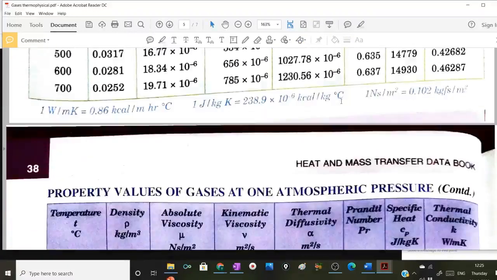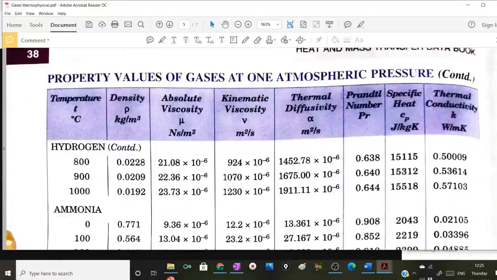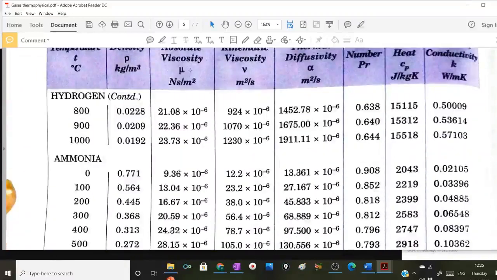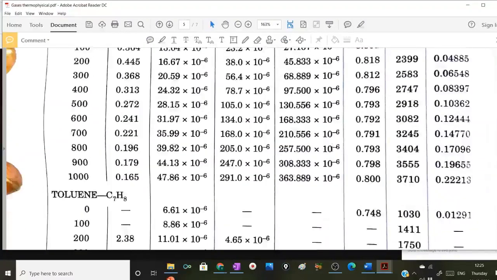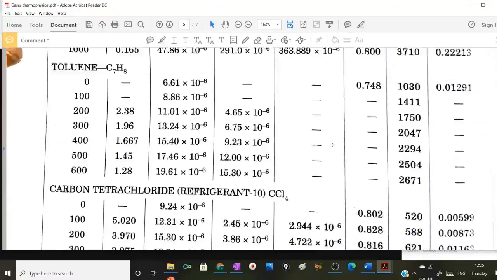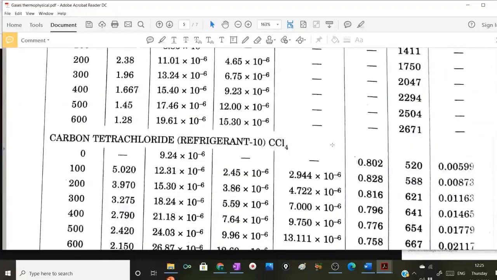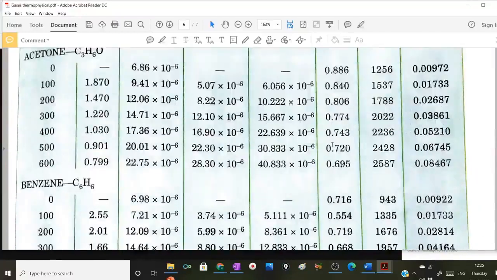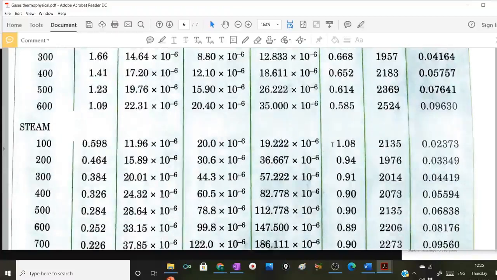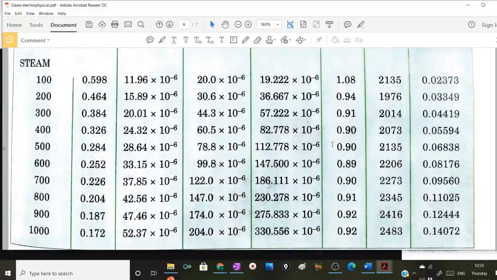So that way you can refer to this table to find out the thermophysical properties of various gases. Ammonia, toluene, all these are refrigerants, carbon tetrachloride, acetone, benzene, and steam.